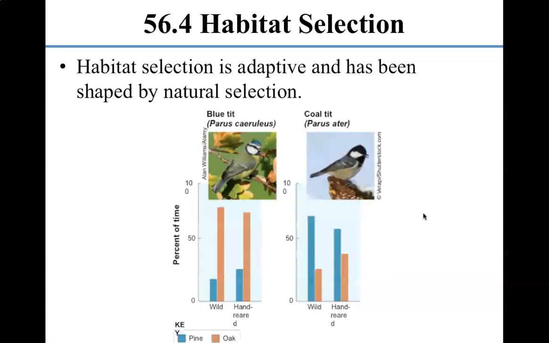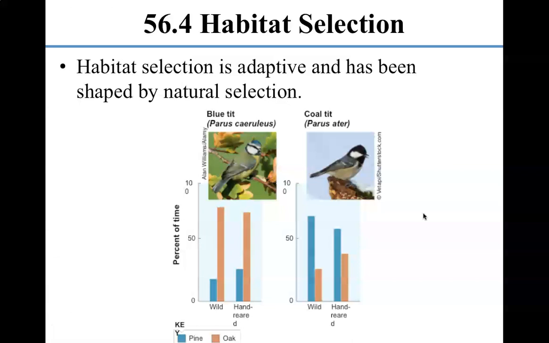So we find that the movement and the choice of habitats that animals display is adaptive, and it's been shaped by natural selection. Scientists did a really cool experiment with birds. The blue tit is a bird that likes to live in oak forests.